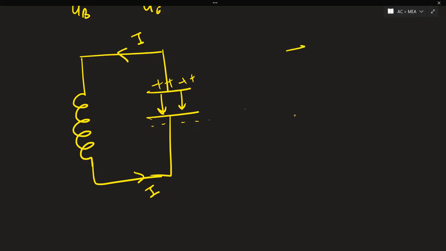Now as this current builds up and increases, what happens? There is a magnetic field around the inductor, a certain slight magnetic field around the inductor.